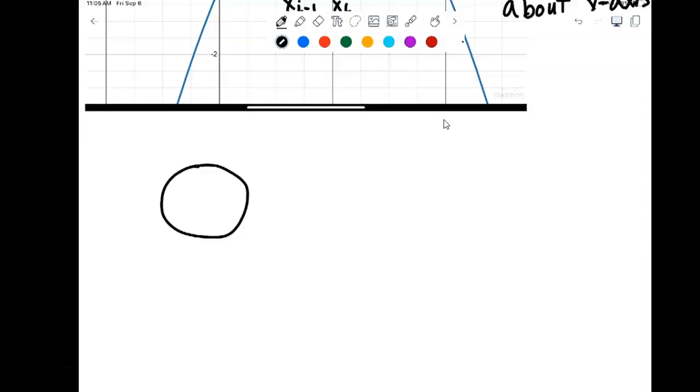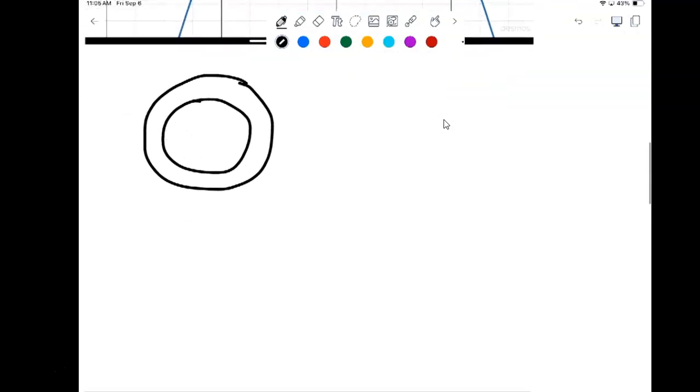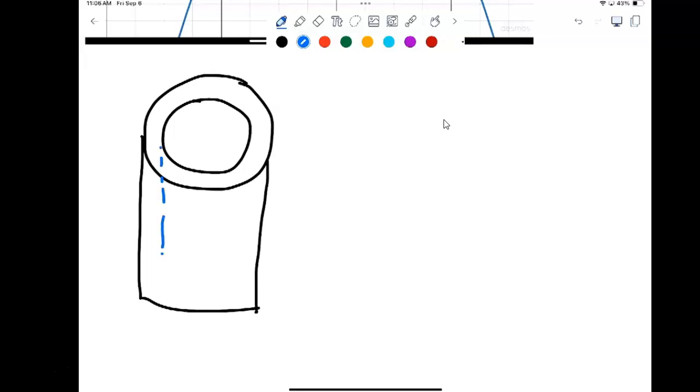But basically we're going to have an outer pipe, an inner pipe, and an outer pipe. And we're going to be generating a cylindrical shell like this, and it's going to have that hole in it all the way down through.